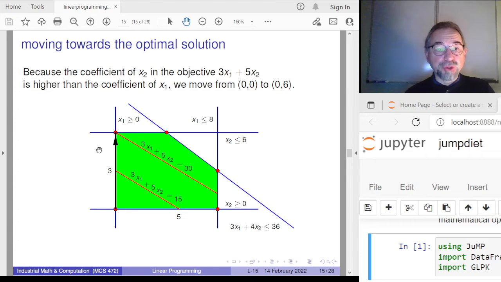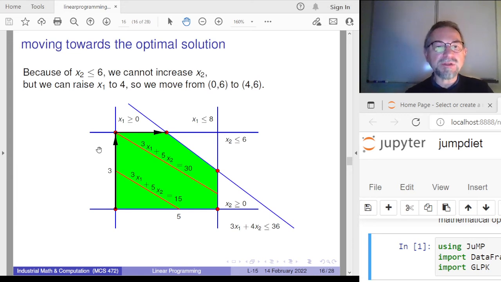Okay, so we have not produced anything of x1, and you can see that if we move now to the right, we would improve our optimum. So we can no longer increase our production for x2. Perhaps we don't have any more laborers who can make x2, but we still have capacity. We can still raise x1 from 0 to 4.